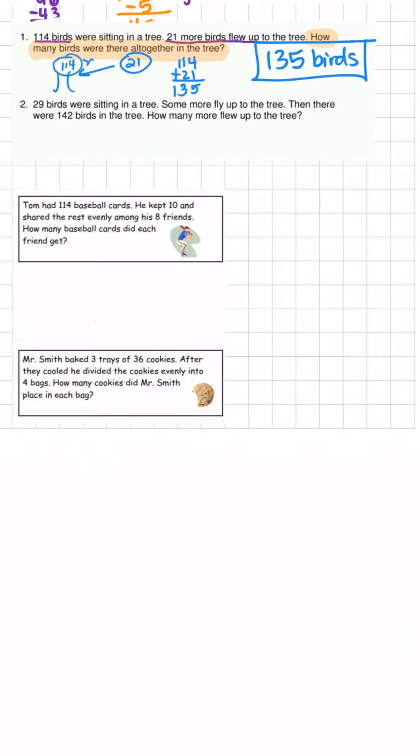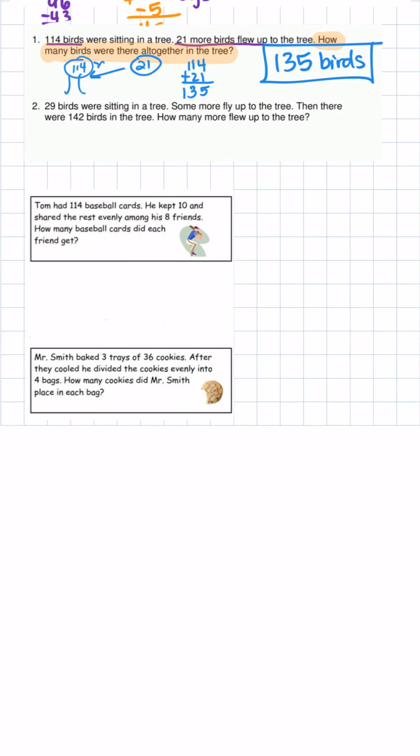Okay. 29 birds were sitting in a tree. Some more flew up to the tree. Then there were 142 birds in the tree. How many more flew up? So we know that we had 29. So here's my tree. Find out more information.